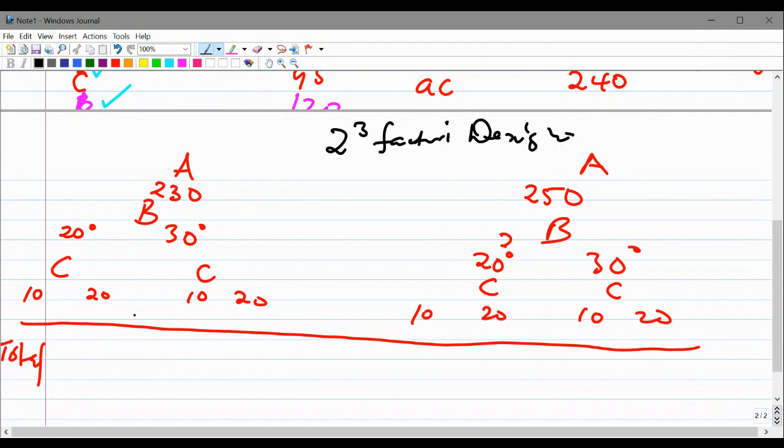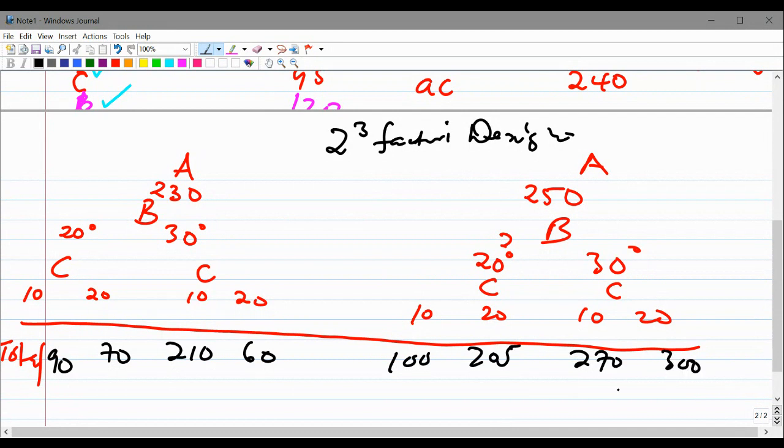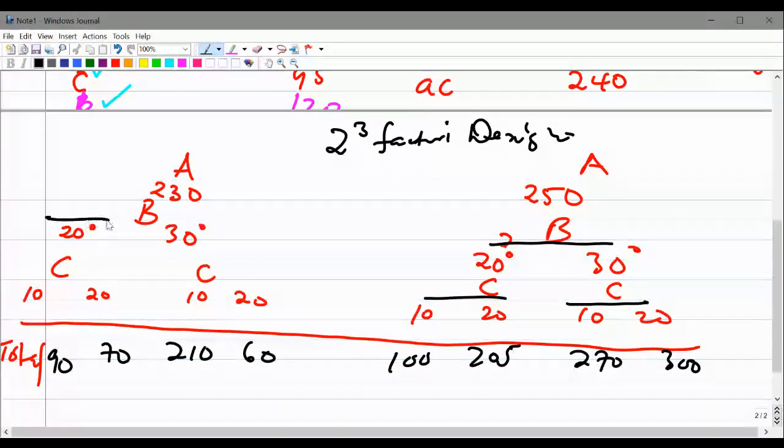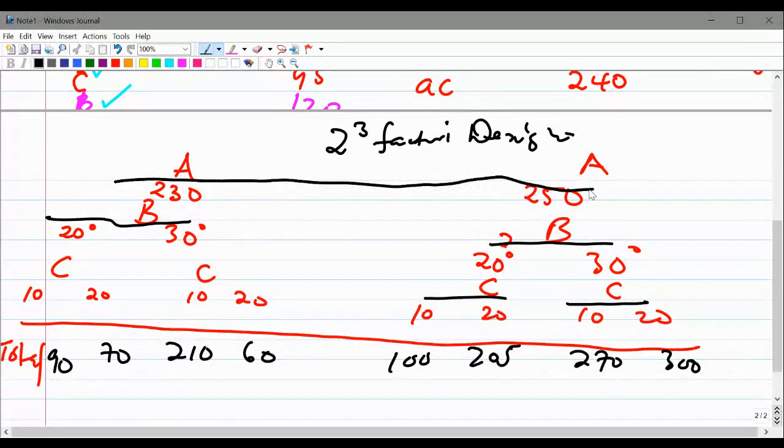If I'm given the totals here: 90, 70, 210, 60, 100, 205, 270, 300. You have these values. You are given the totals. Under B you have these degrees, and then under A you have whatever is indicated here.